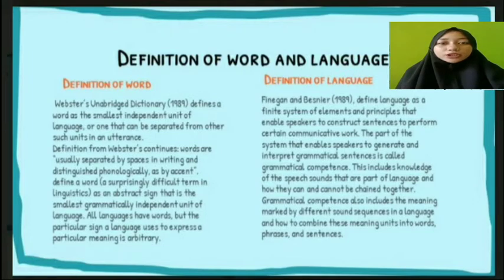This includes knowledge of the speech sounds that are part of a language and how they can and cannot be chained together. Grammatical competence also includes the meaning marked by different sound sequences in a language and how to combine these meaning units in words, phrases, and sentences.